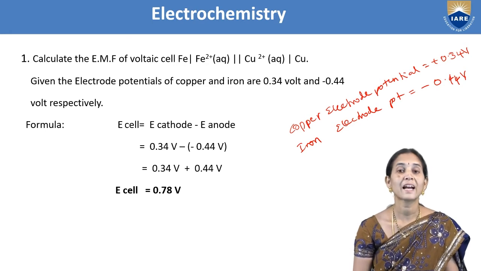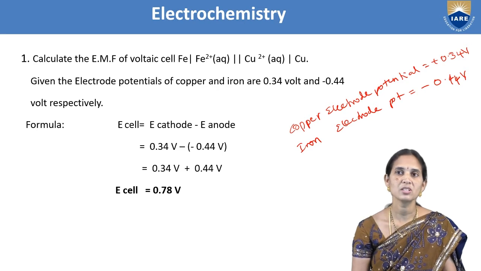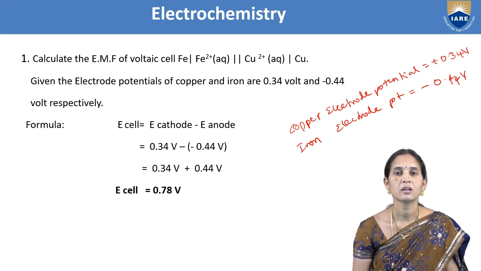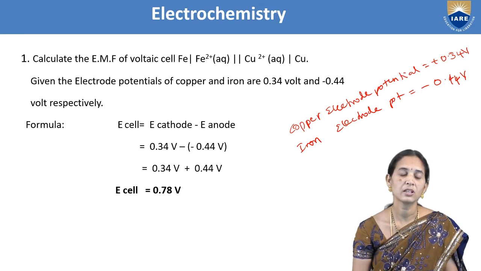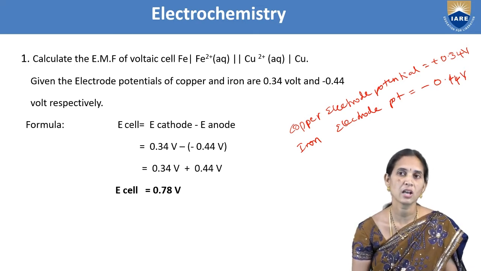Here we have to calculate the E cell, the EMF of the voltaic cell. The formula we apply is E cell is equal to E cathode minus E anode. E cathode is the reduction potential of cathode, and E anode is the reduction potential of anode. In these two electrodes, copper and iron, which electrode will act as a cathode and which as an anode?